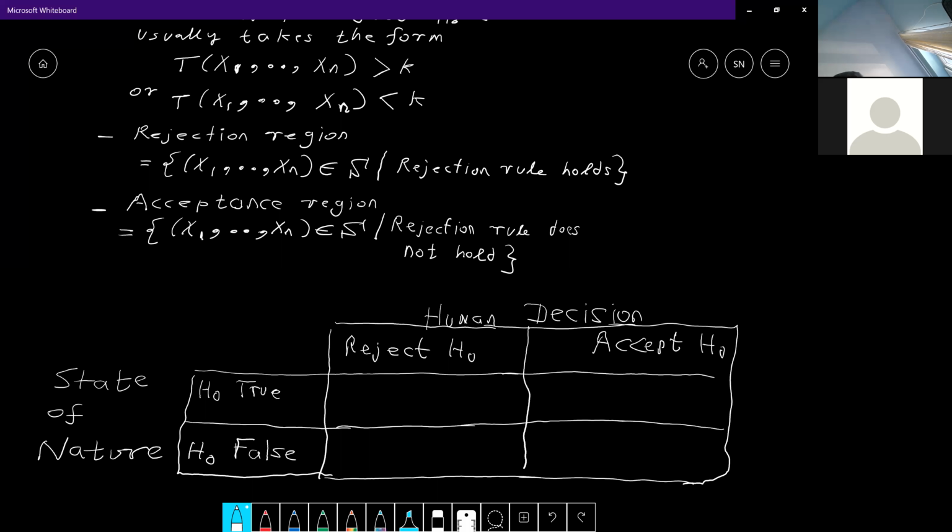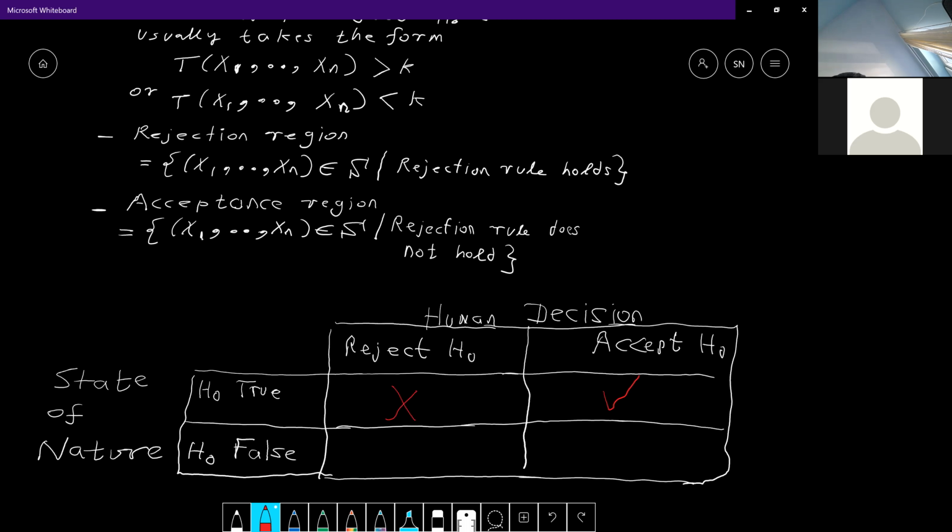Now let me go through each of these four outcomes. If H0 is true and you're rejecting H0, then you're doing the wrong thing. So this is a mistake. If H0 is true and you're accepting the null hypothesis, then what you're doing is correct.